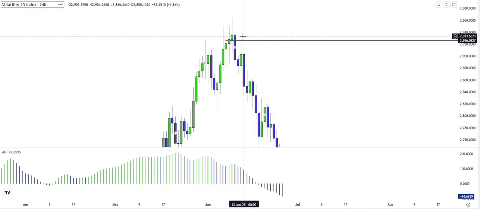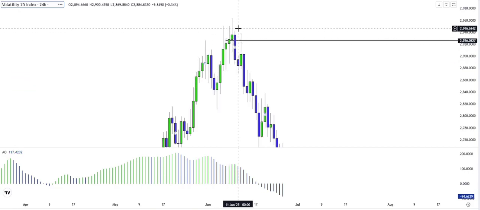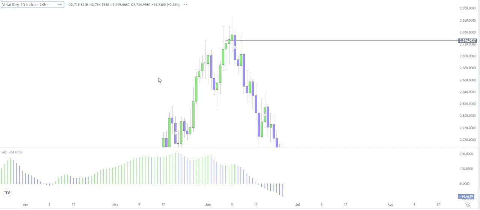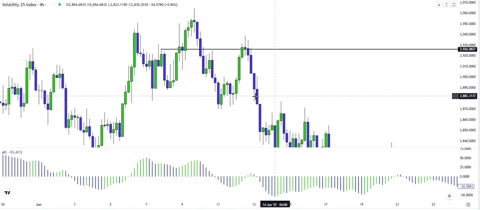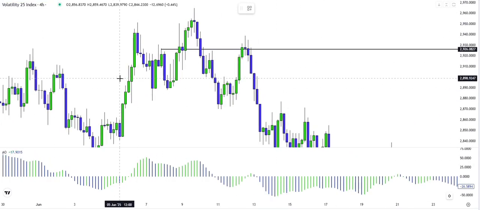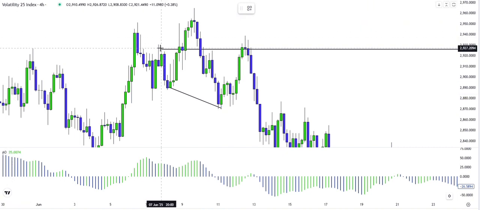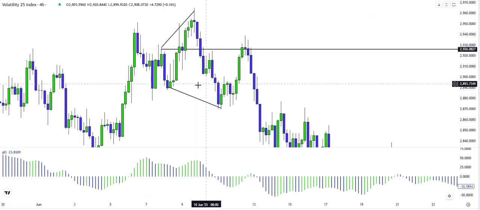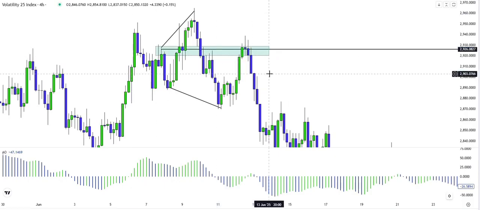As you can see right there, we have that last green candle, sorry, a bearish engulfing. As soon as I spotted that bearish engulfing, I realized that price also had created this QM pattern right there. Break of structure, change of character, as you can see right there. And then that was my QM zone.